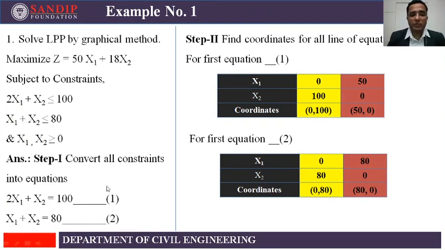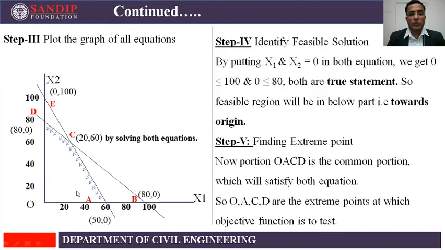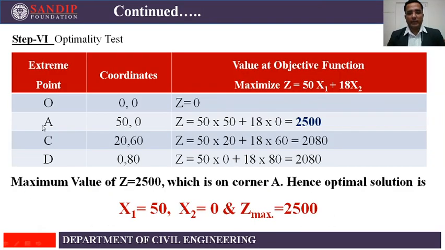After solving I got 20 and 60 as the coordinates for point C. Coordinates for point D are 0 and 80.